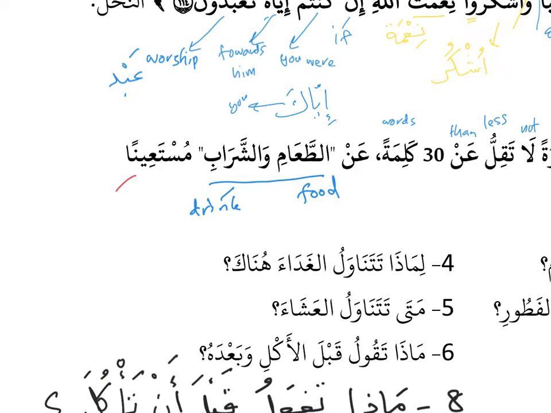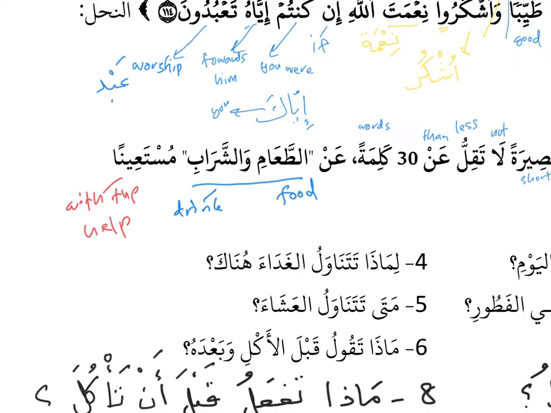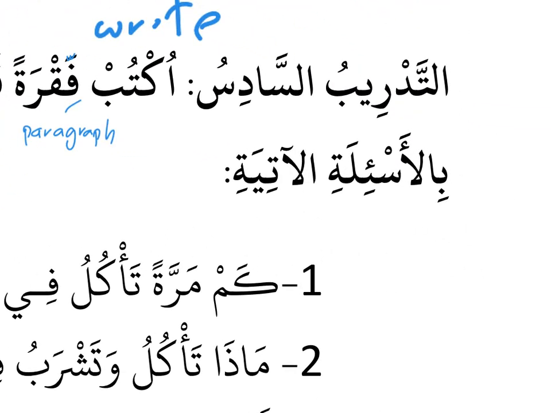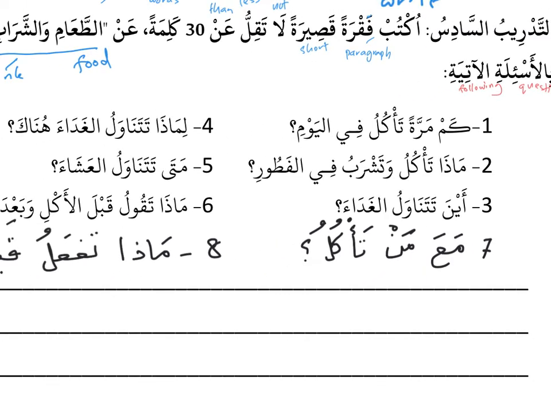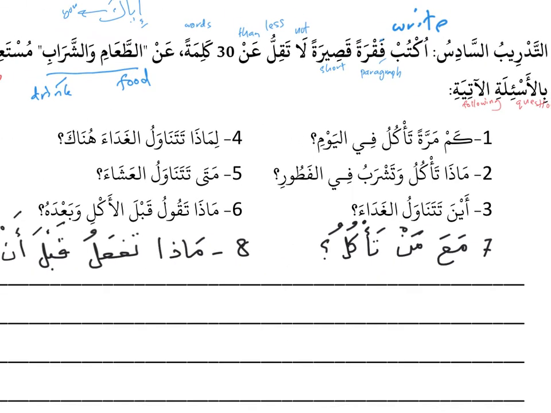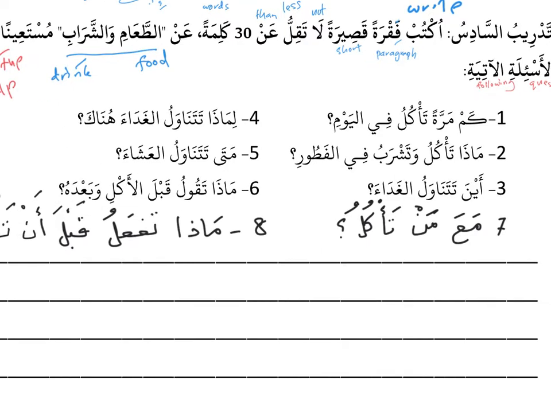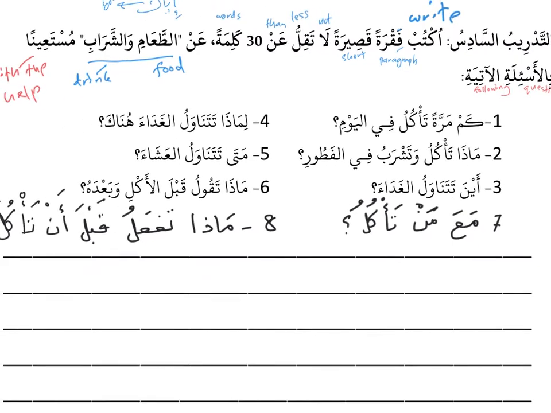Musta'inan, with the help of al-as'ila al-atiyah, the following questions. Okay, so here we have given you some questions related to the topic ta'am wa sharab, food and drink, and I have given two additional questions for you to study.